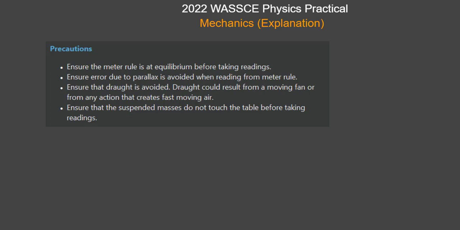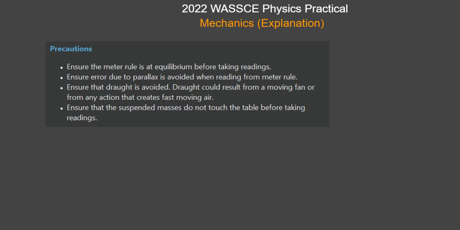In other words, it could tilt in the opposite direction of the wind, or it could just affect its stability and make the meter rule unstable. And if it becomes unstable, you can't actually take a reading. It could also add more force to one of the sides of the meter rule, which will make your reading eventually inaccurate.